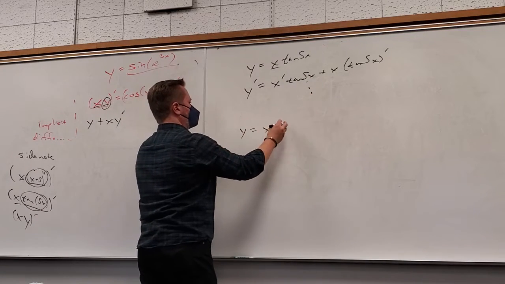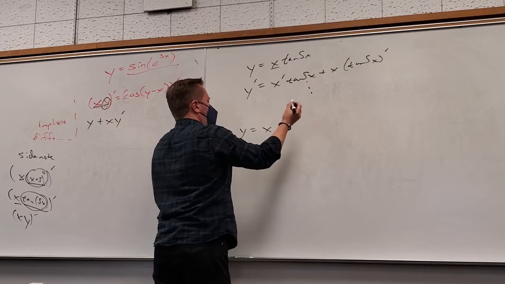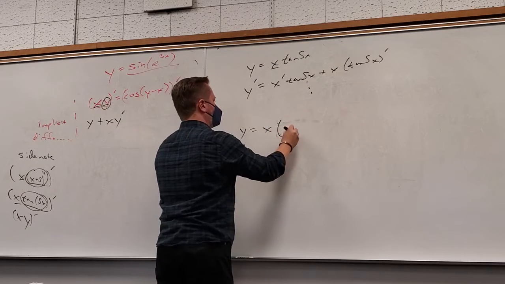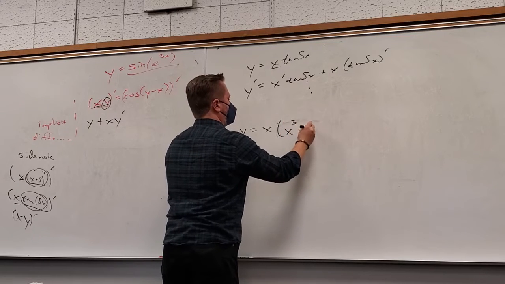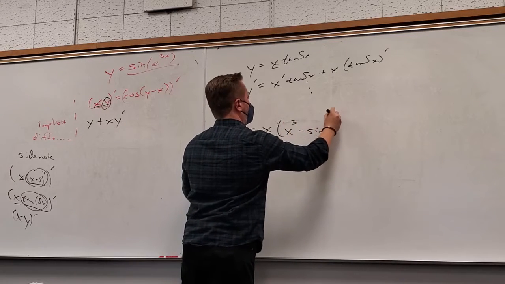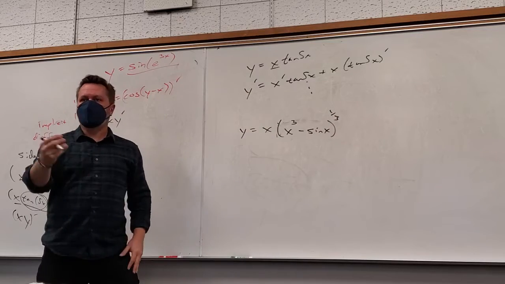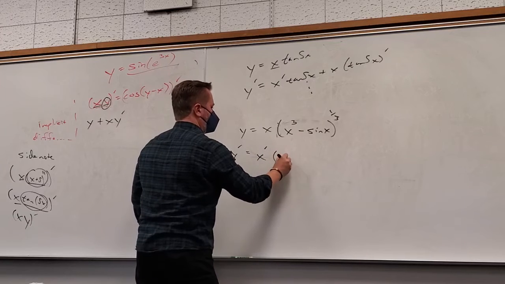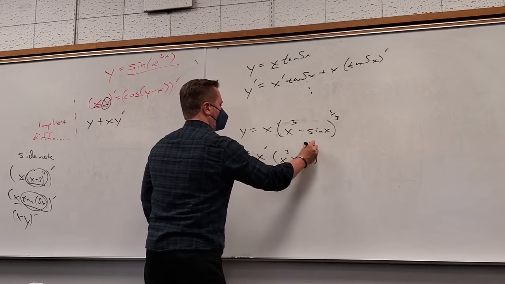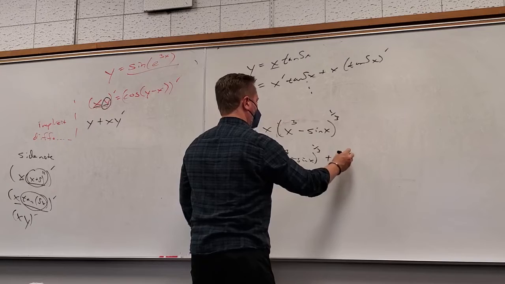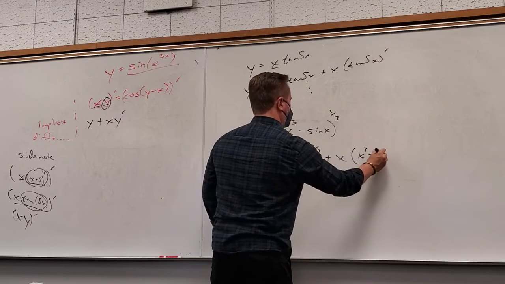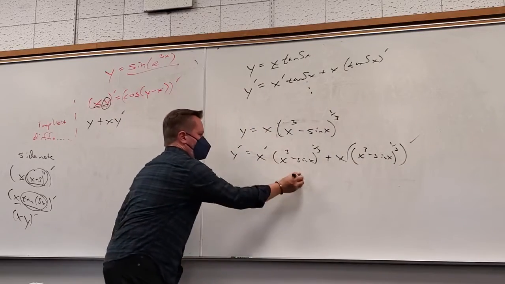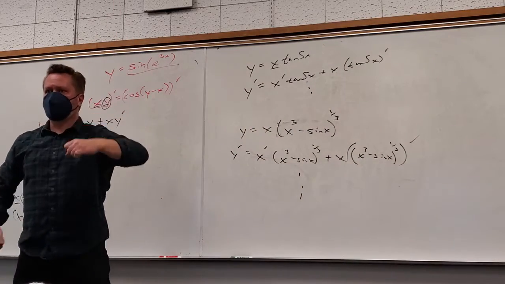What if it was x times the square root of, let's just write it, x times (x cubed minus sine x) to the 1/3 power, and you want to take its derivative? Product rule. x prime times (x cubed minus sine x) to the 1/3 plus x times ((x cubed minus sine x) to the 1/3) prime, and so on. I could do this all day.